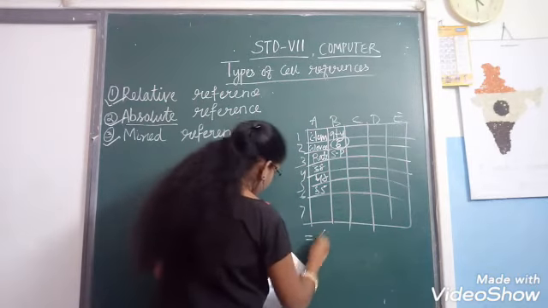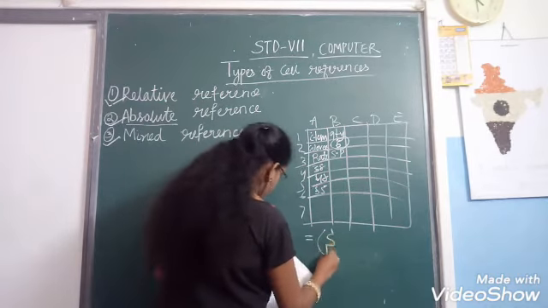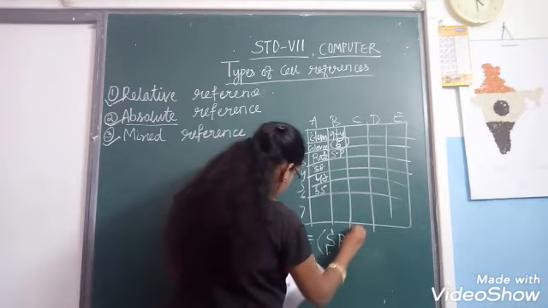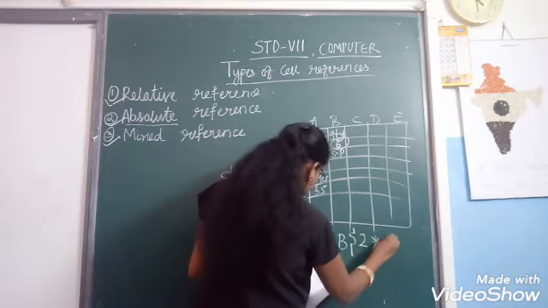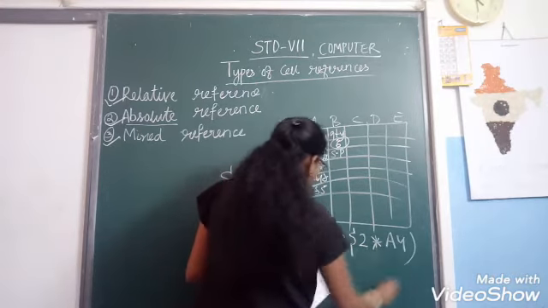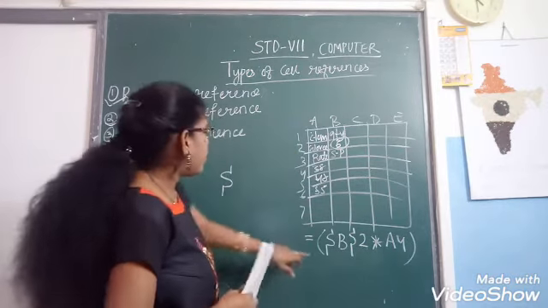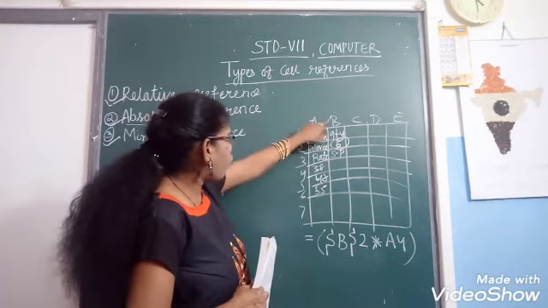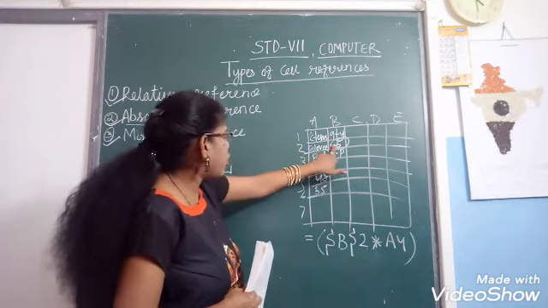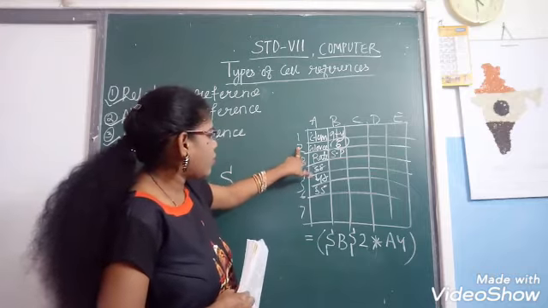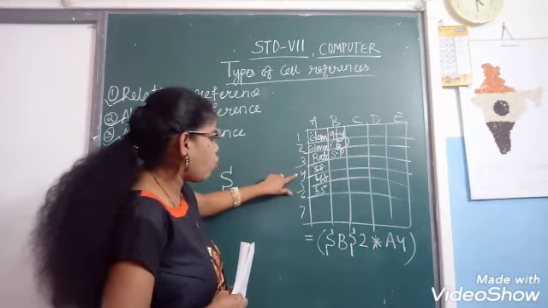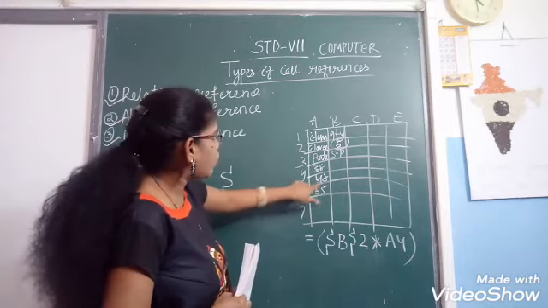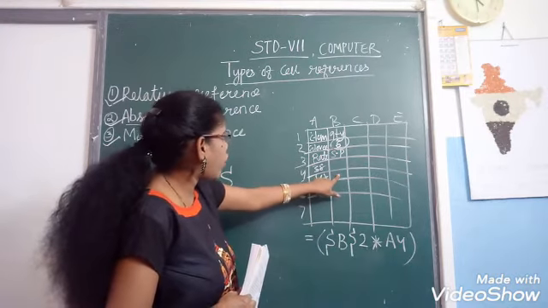as $B$2 into A4. That means $B$2. We want this 6 into 2. Then we will get the answer here in row 4. Then again we want to get the answer here. So again what are we doing?